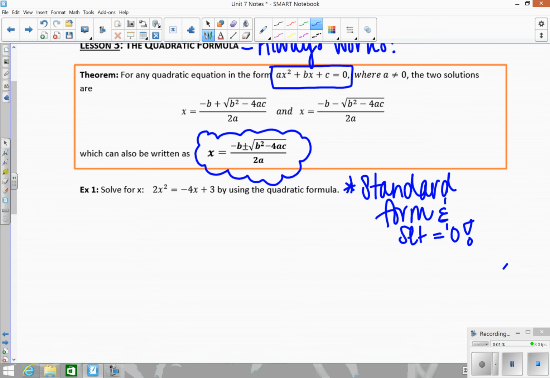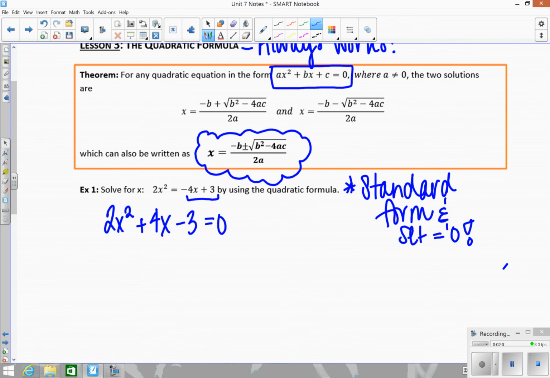Looking at this equation, I need to get it set equal to 0 and also in decreasing order for the exponents. So I'm going to keep the 2x squared where it is, and then bring the 4x over, so it's going to be plus 4x. And then I'll bring the 3 over, so it'll be minus 3 from both sides, and then I'll be left with 0. So I basically just moved this stuff over.